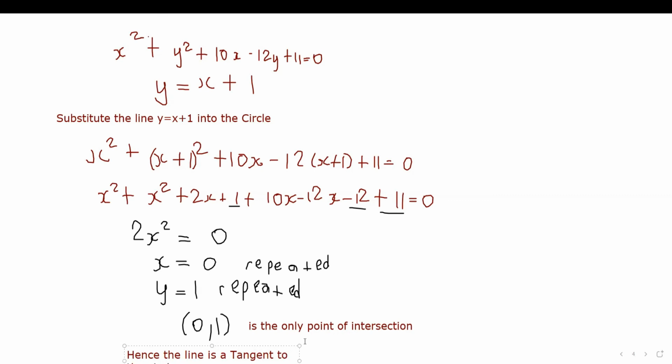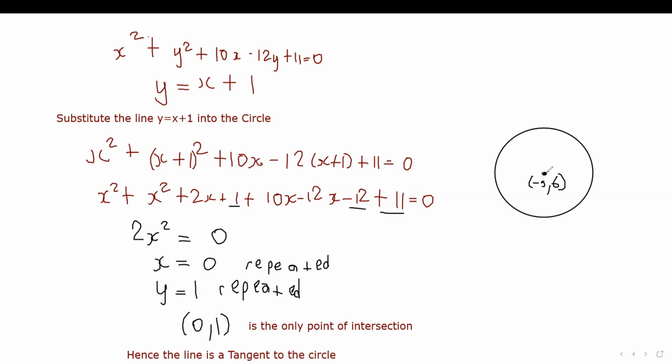Yeah, man. So if you're like me and you want to give them a little sketch, I love to give them a sketch. You can just put one little circle somewhere. This circle has center (-5, 6), like this. And then the tangent, you have the line y equals x plus 1.